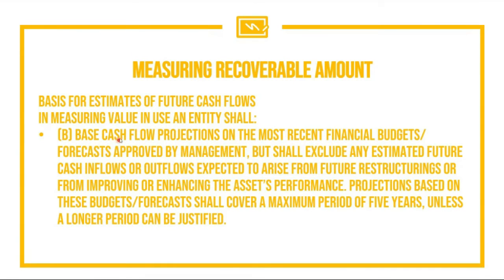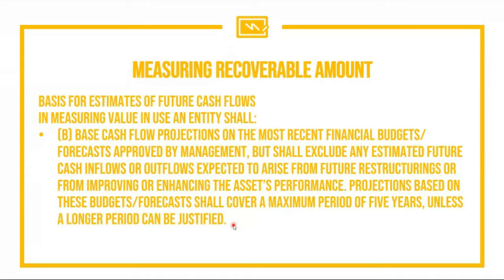Letter B, base cash flow projections on the most recent financial budgets, forecasts, or other documents approved by management, but shall exclude any estimated future cash flows expected to arise from restructurings, enhancements, improvements, etc. And it shall cover a maximum of 5 years only, unless a longer period can be justified.